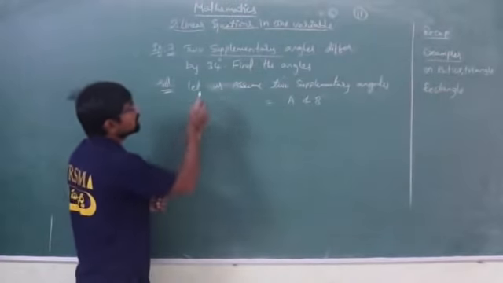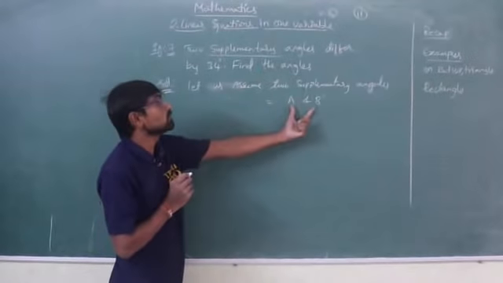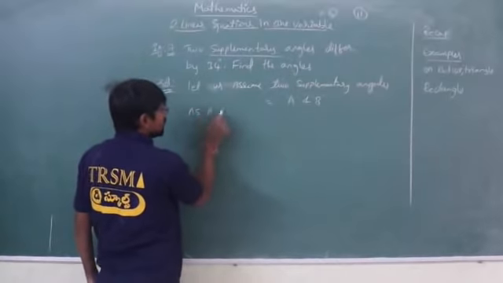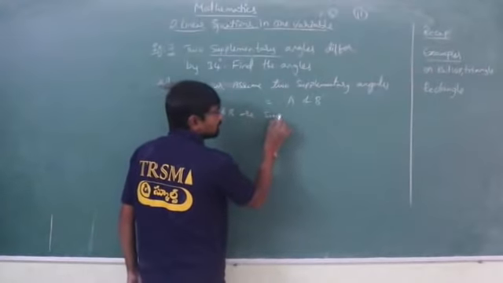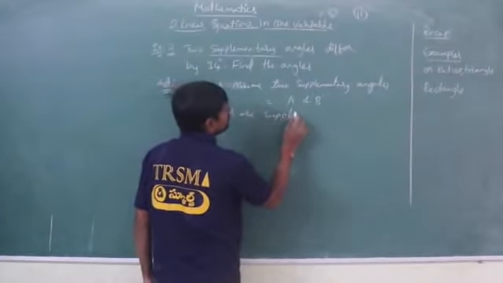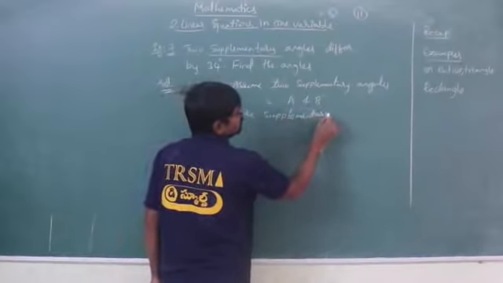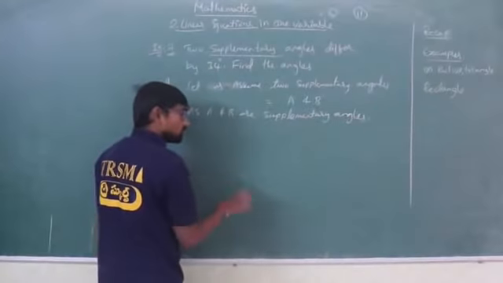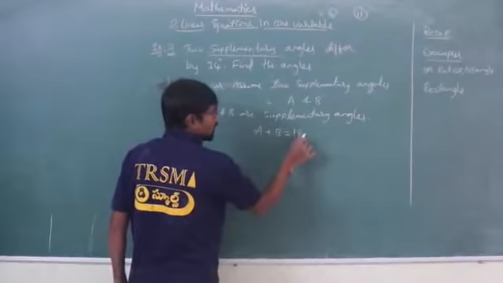Okay, so what he had given in the question, supplementary angle. So what is a supplementary angle? Adding both the angles, we will be getting: A and B are supplementary angles, therefore can I write A plus B is equal to 180 degrees?